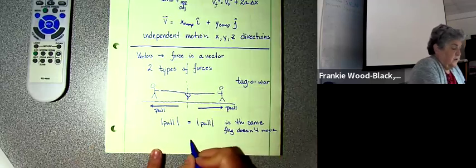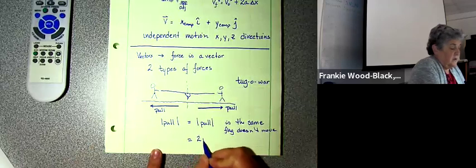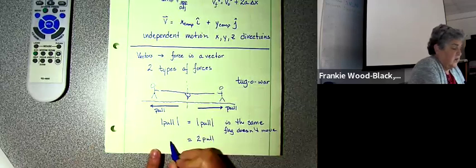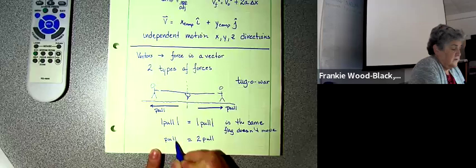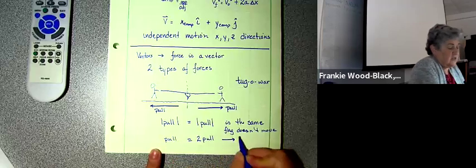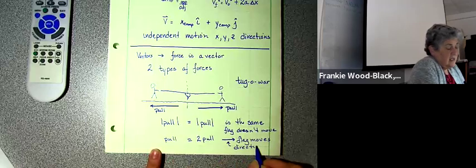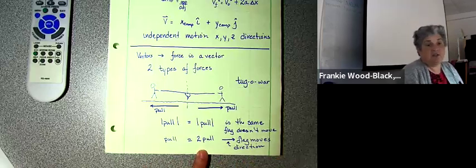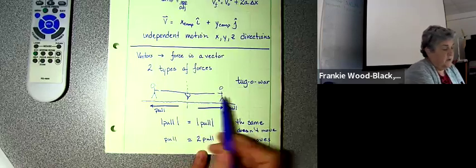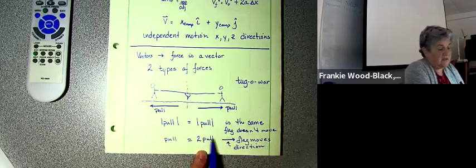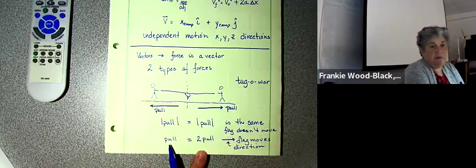Now, if the magnitude of this pull is 2 times this pull, the flag is going to move this direction. There's our direction. And we even know the magnitude of that pull. It's going to move at 1 time greater than that one.